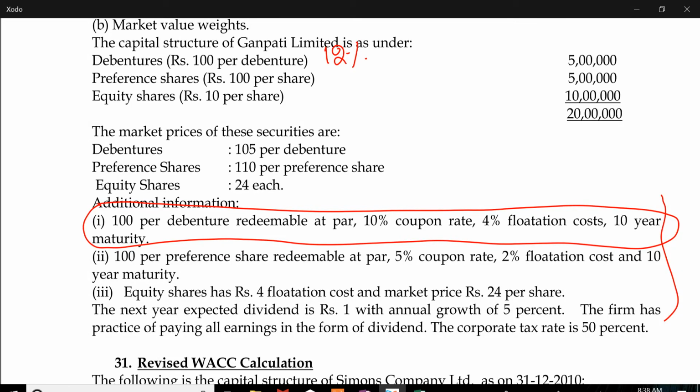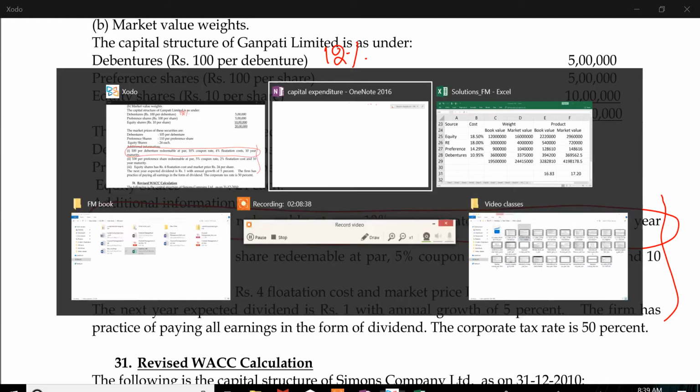Now write cost of debt equal to interest after tax plus average other cost, divided by average funds employed.